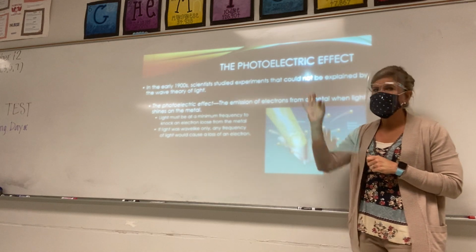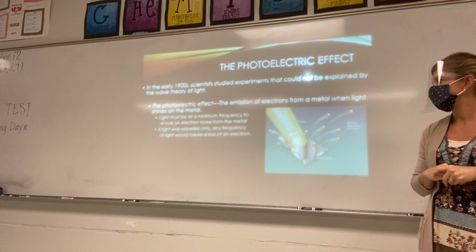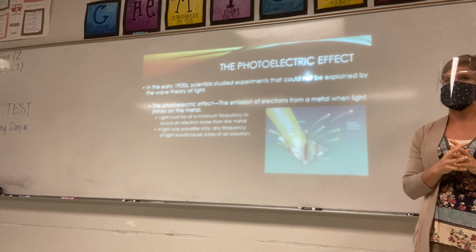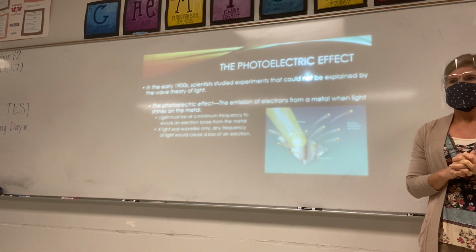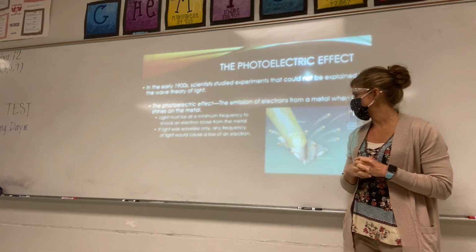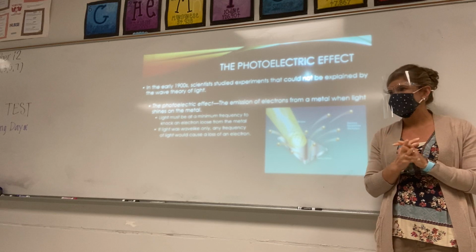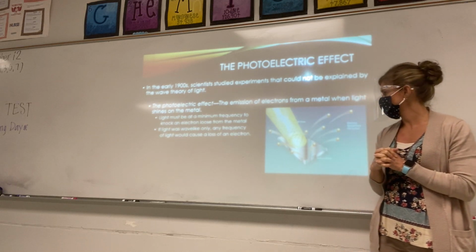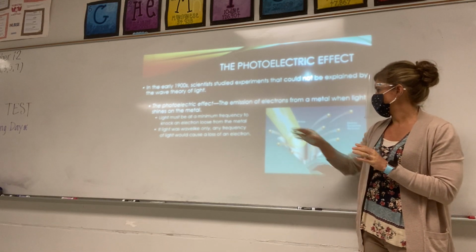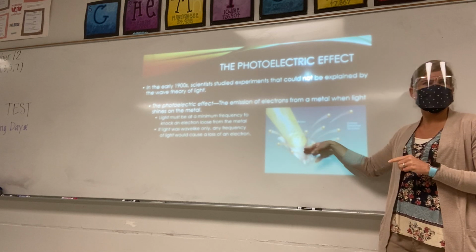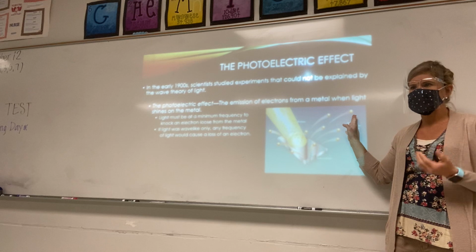If light was only wave-like, any frequency would have caused the electrons to bounce off. So then they started to determine that light has other properties other than just being a wave. Because when this light shone in a wave, the electrons bounced off, not in wave-like behavior.